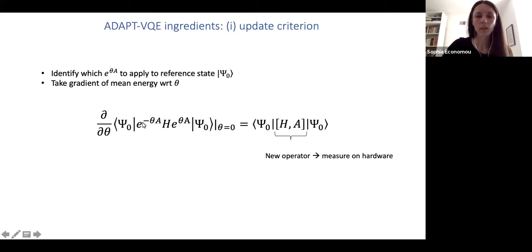So you can imagine testing different operators out of your pool over here, and then this criterion would hopefully tell you which one would have the largest effect in changing the energy. And what's nice is that you can show that this left-hand side equals this, and this operator is a Hermitian operator, so this is another observable, and you can measure this on the hardware. So you can make measurements on the hardware that tell you which operator to use.